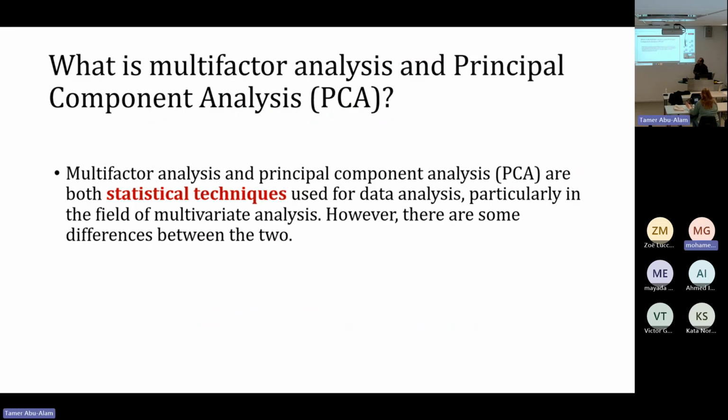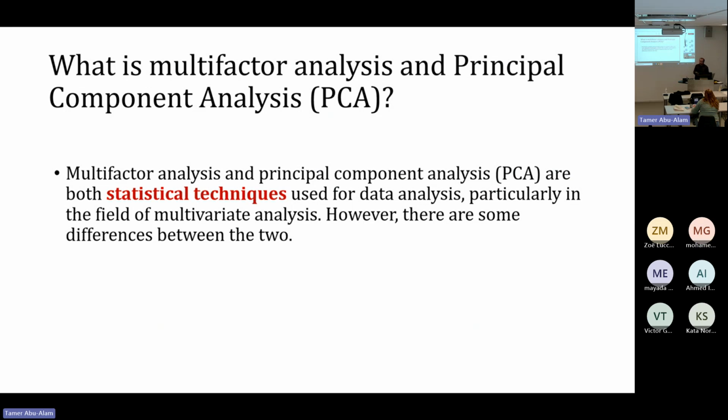Before we go to principal component analysis, we would like to introduce something called multi-factor analysis, because principal component analysis is part of multi-factor analysis. Multi-factor analysis analyzes data that include more than three variables. Both are statistical techniques, mathematics used for data analysis, particularly in multivariate analysis.